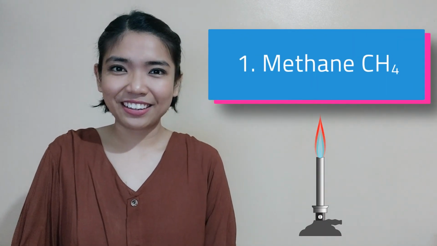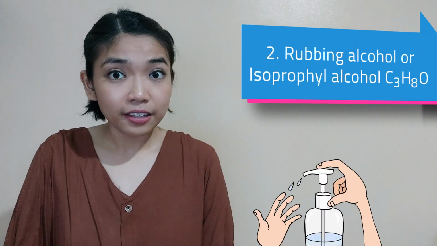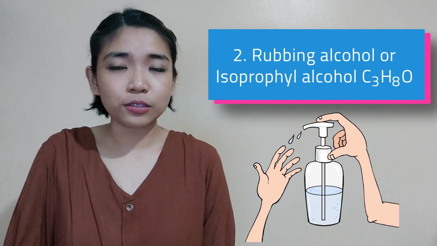If you remember the characteristics of covalent bonds, can you tell me if these examples are compounds formed through covalent bonding? First, methane. Second, rubbing alcohol or isopropyl alcohol.